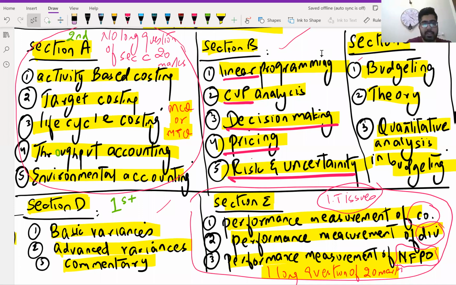Now, as per the syllabus, we have to move to section D, variances. That's what we're going to do first, so we're starting our studies with variances.